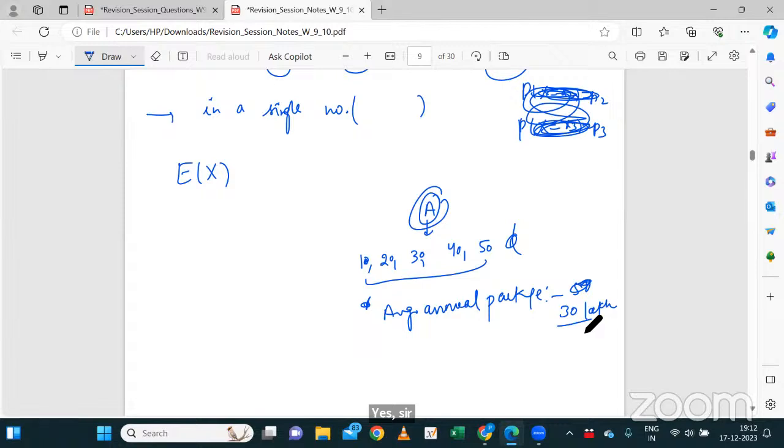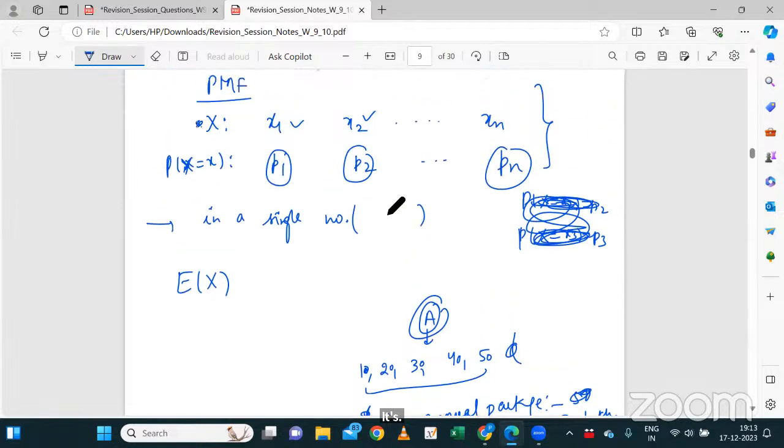Then I will have some idea in a single number for the annual packages of the college, correct? So this is where expectation comes into the picture, to give the information about your random variable in a single number.